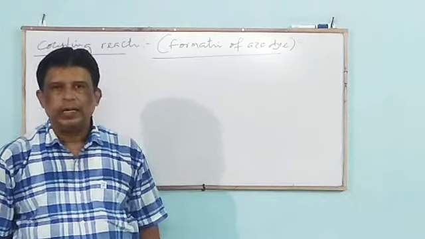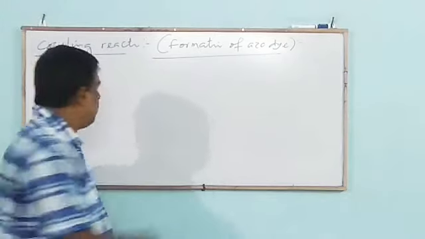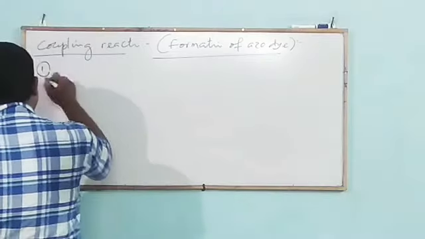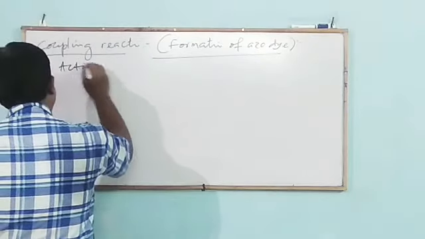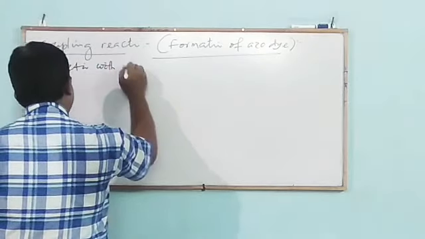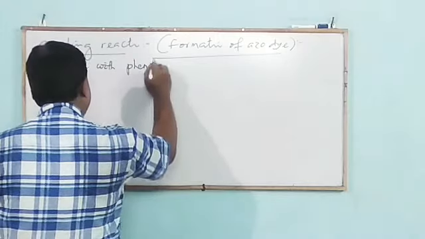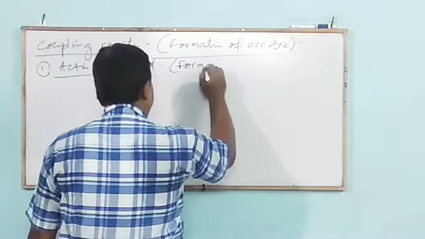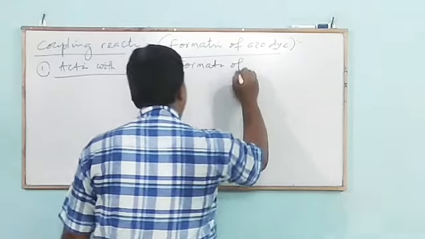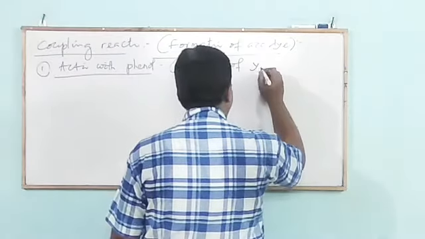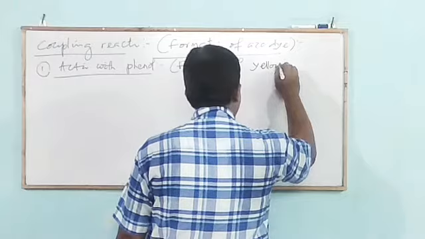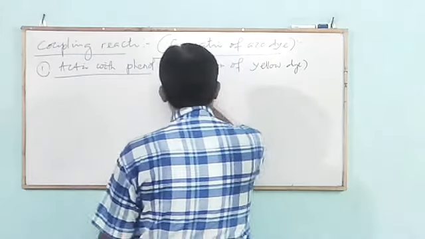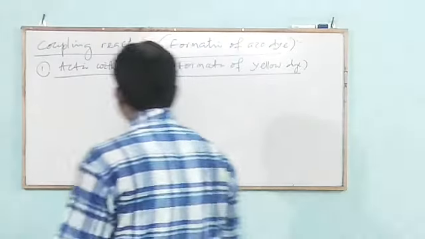So under this heading, we discuss two examples. One is reaction with phenol, that is formation of yellow dye. Mark that.